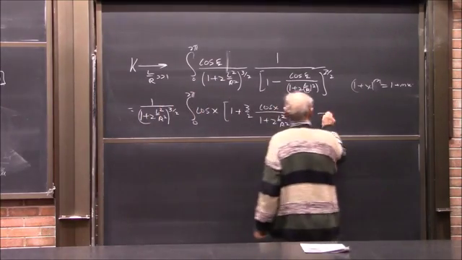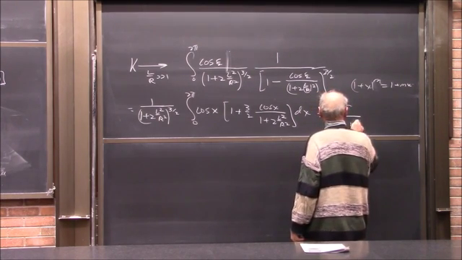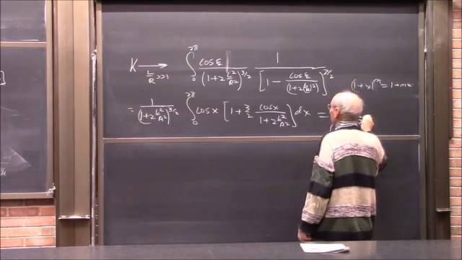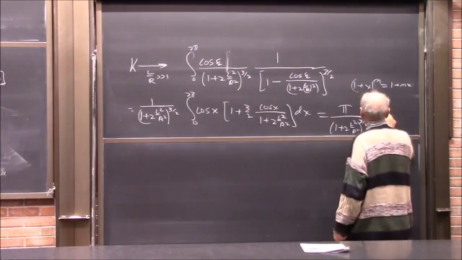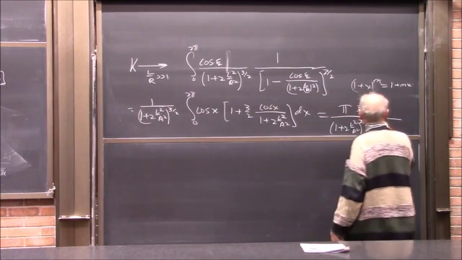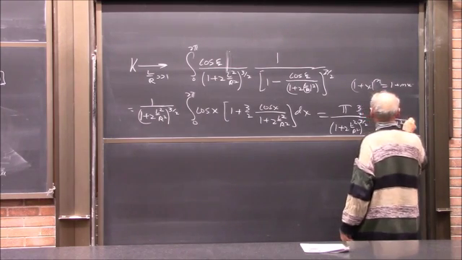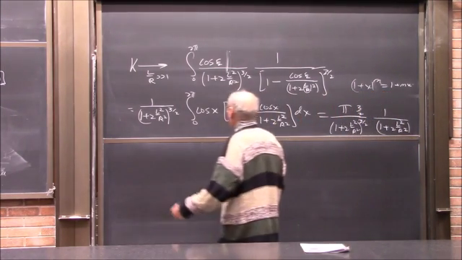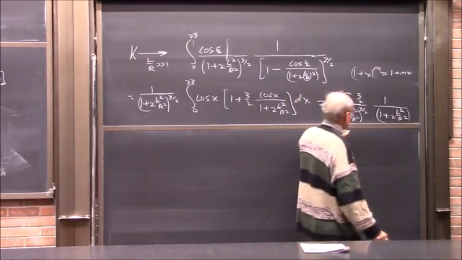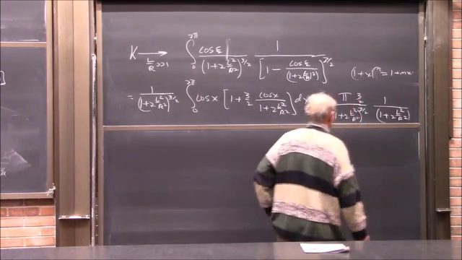And so this whole thing becomes pi over 1 plus 2 L squared over R squared to the 3 halves, times 1 times 3 halves for this thing, 1 plus 2 L squared over R squared. Okay, now we're making L over R very big. And so with L over R very big, we throw away the 1. And so this is 2 L squared over R squared to the 3 halves.